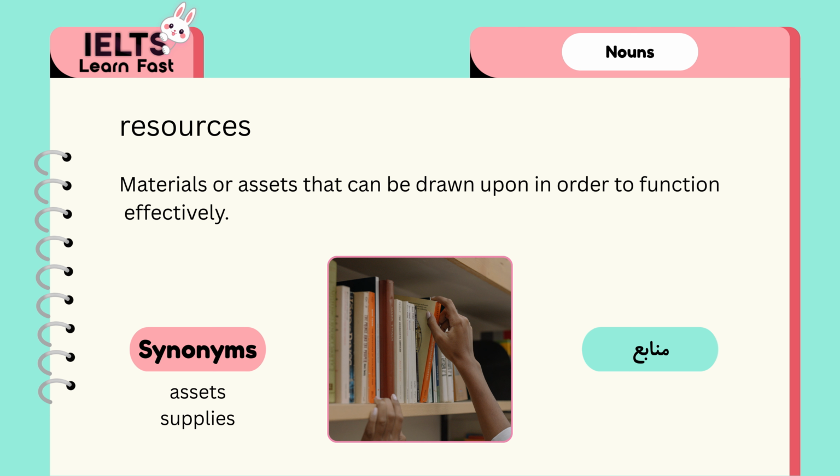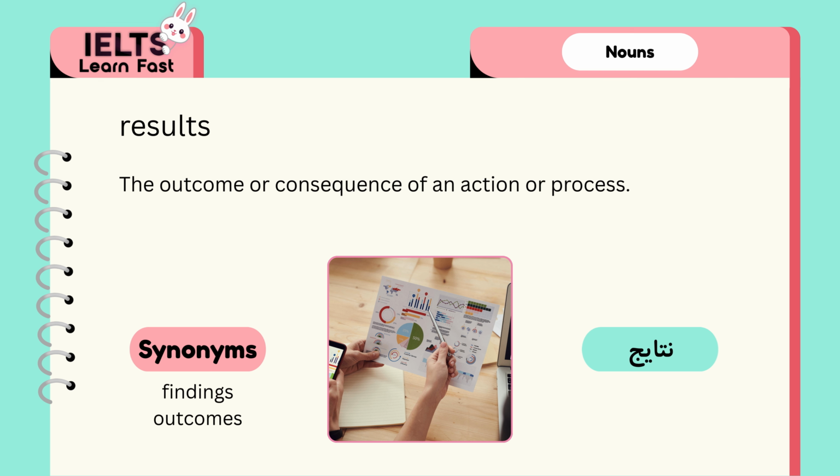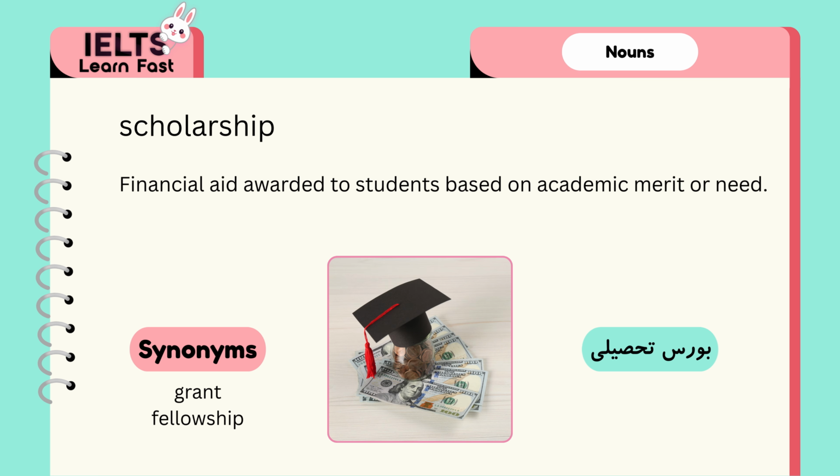Synonyms: assets, supplies. Results: the outcome or consequence of an action or process. Synonyms: findings, outcomes. Scholarship: financial aid awarded to students based on academic merit or need. Synonyms: grant, fellowship.